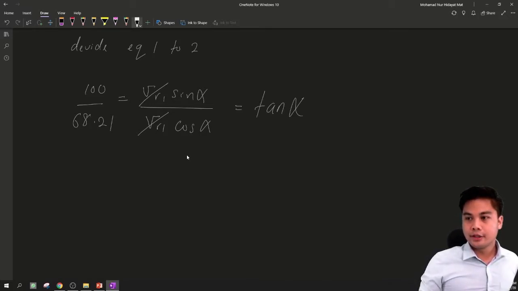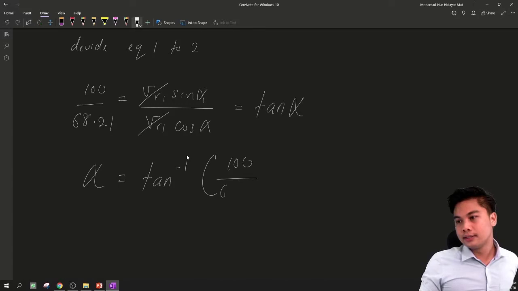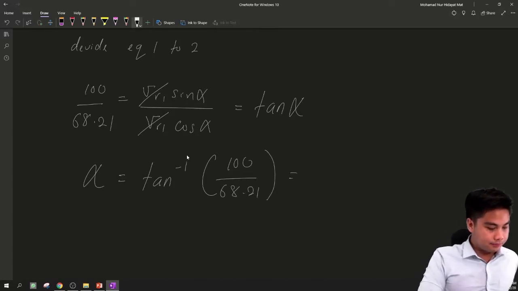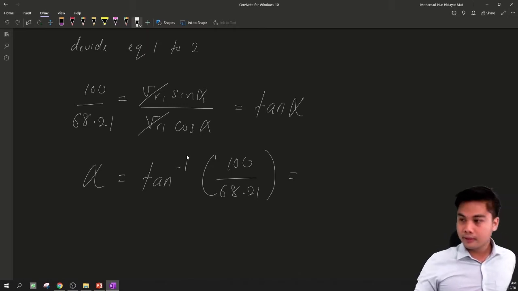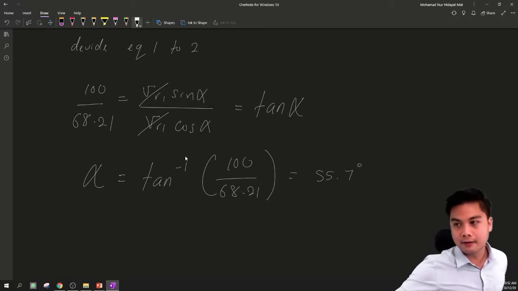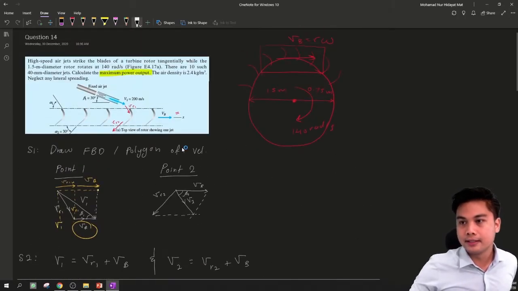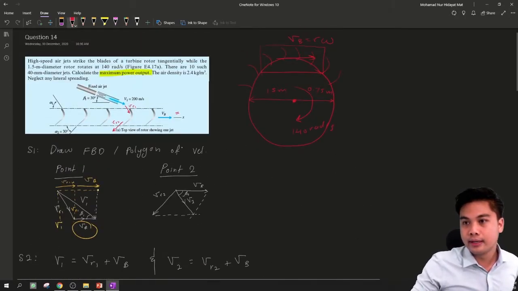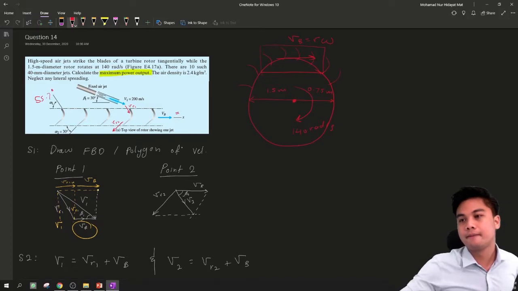So alpha is the inverse tangent of 100 over 68.21. The final answer for alpha is 55.7 degrees.